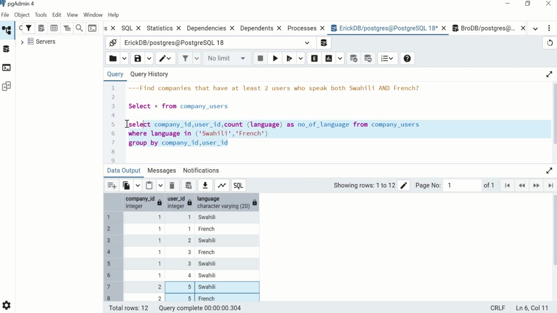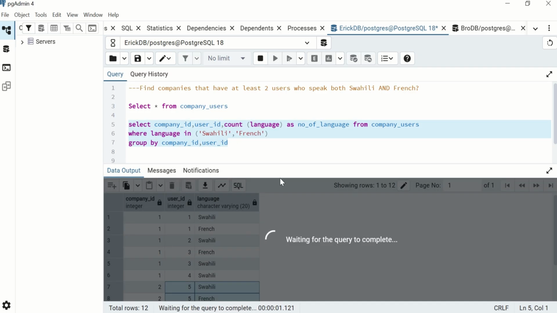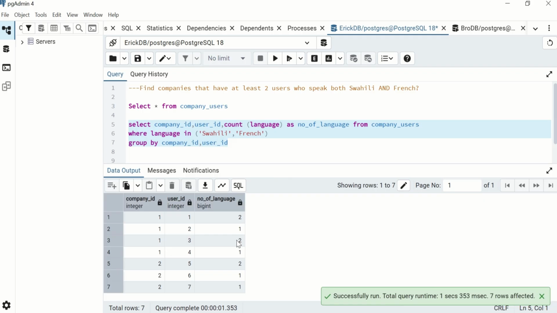So if we run this, we expect the users and their respective number of languages. For example, user ID 1 speaks 2 languages, both Swahili and French.